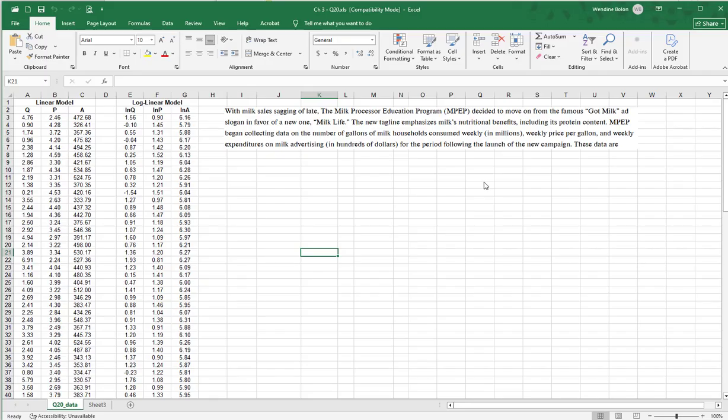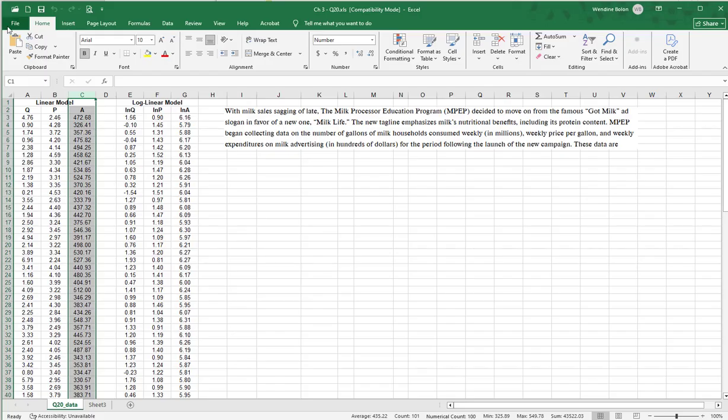The MPEP began collecting data on the number of gallons of milk households consume weekly in millions, the weekly price per gallon, and the weekly expenditure on advertising in hundreds of dollars for the period following the launch of the new campaign. So our Q column here is the quantity of milk in millions of gallons. The P is the price per gallon, and A is their weekly advertising on milk in hundreds of dollars. So move the decimal point 2 places to get to actual dollars.